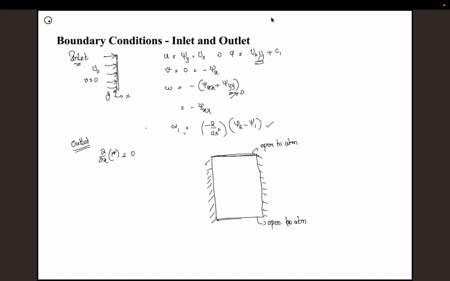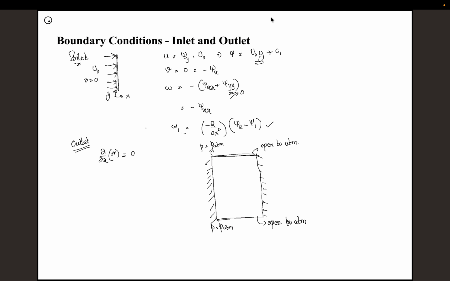What I mean by open to atmosphere is the pressure here is atmospheric pressure. So if I want to solve this problem, it is not any of the boundary conditions we solved. It is actually a Dirichlet boundary condition for the pressure term.